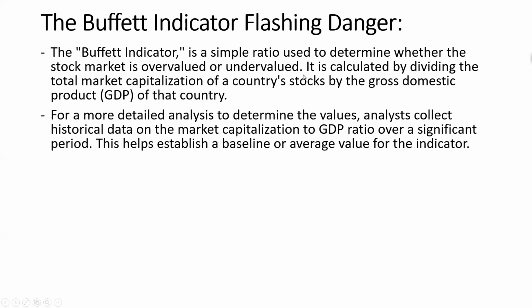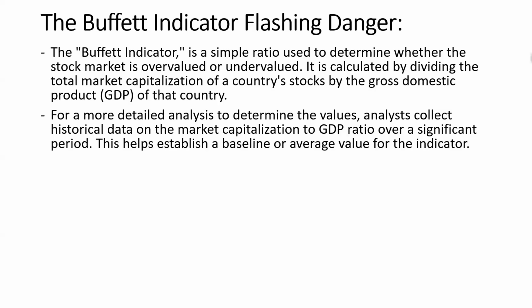For a more detailed analysis to determine the values, analysts collect historical data on the market capitalization to GDP ratio over a significant period. Now, this helps establish a baseline or average value for the indicator. Now, why do they want to use GDP?